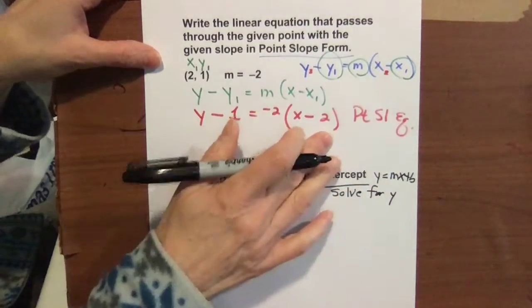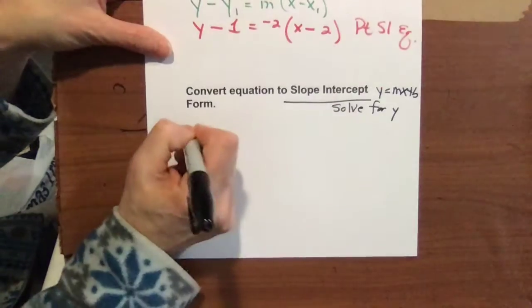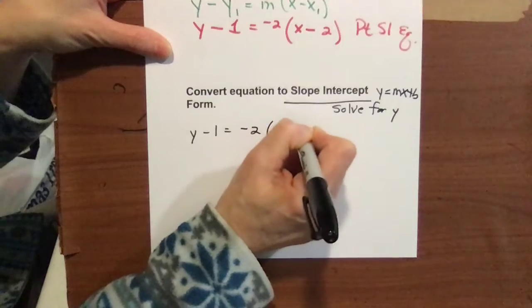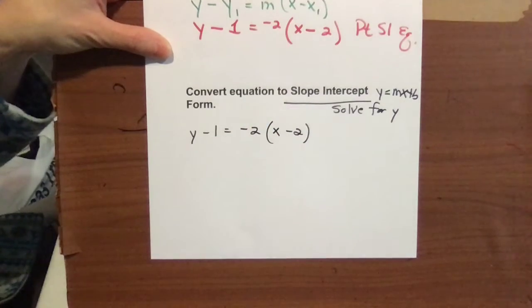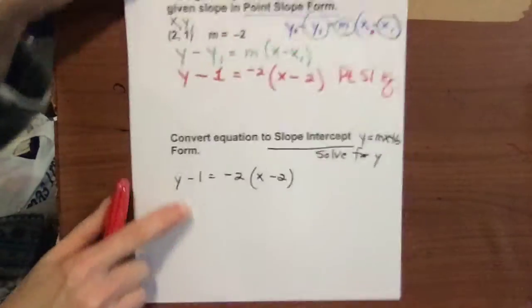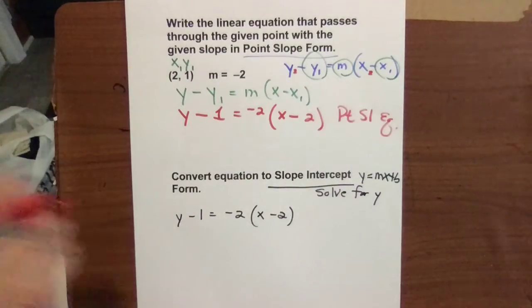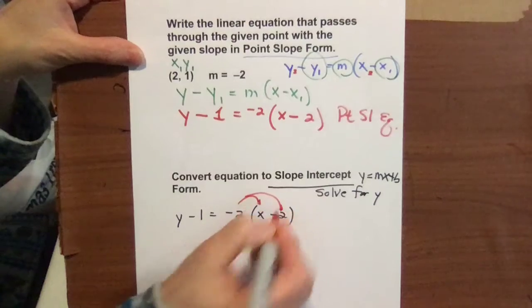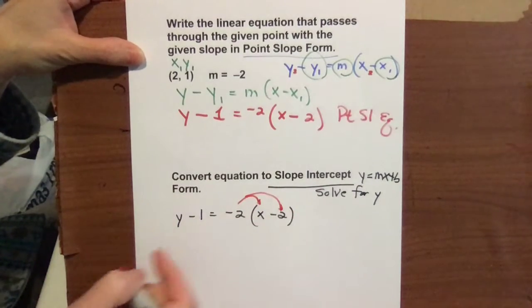So since we have our point-slope form, and I'll rewrite it here, y minus 1 equals -2 times the quantity x minus 2, all we're going to do is solve for y. So in solving for y, we're going to have to distribute the -2 to both parts of our binomial here.